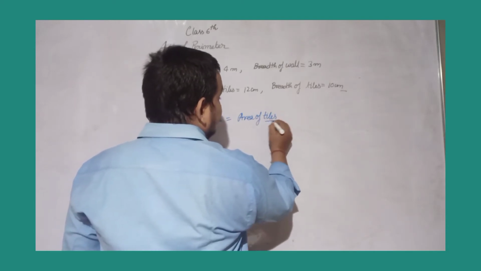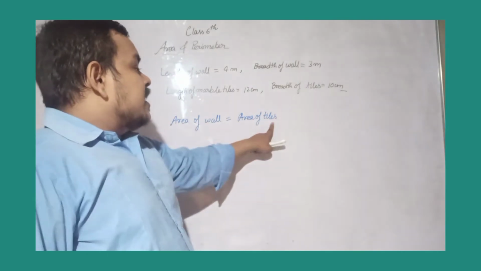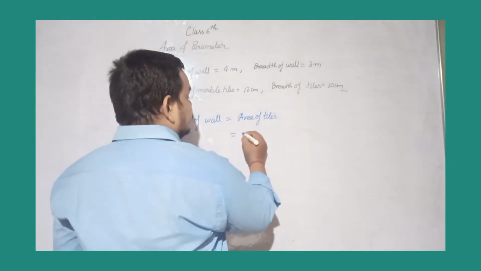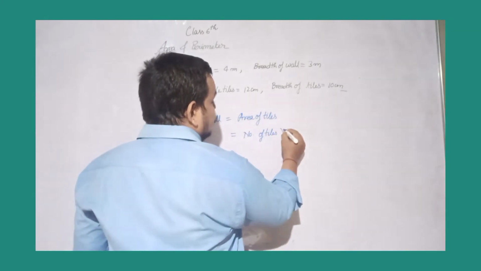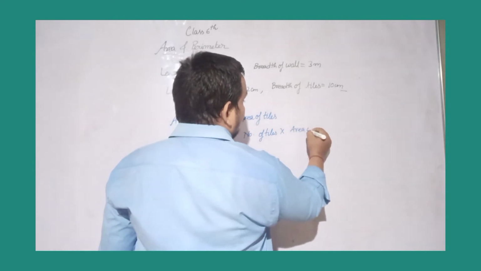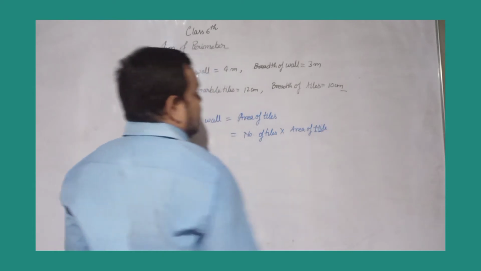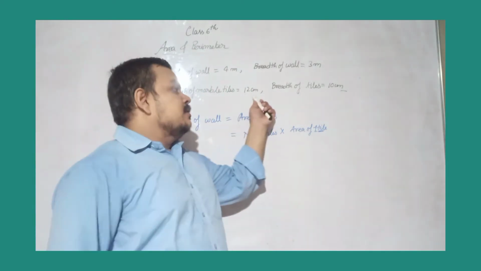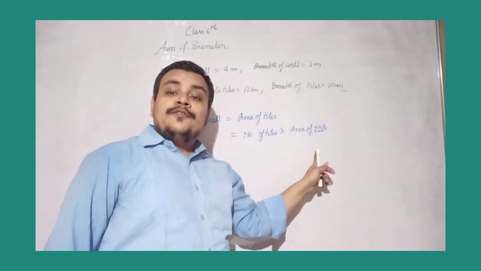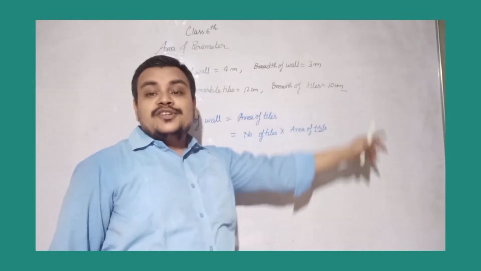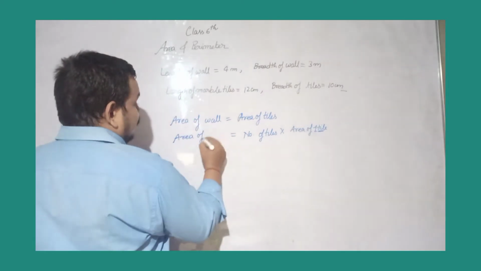I am writing tiles, not one tile. The area of tiles means the number of tiles multiplying with the area of one tile, because from these dimensions we can only find the area of one tile, not the area of all the tiles.